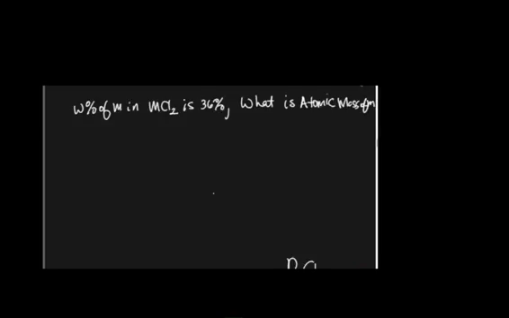Okay, so what does weight percent mean? Well, percent means fraction over whole times 100.